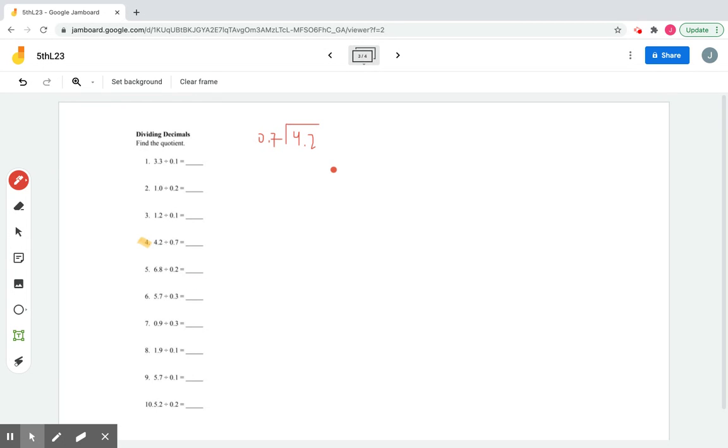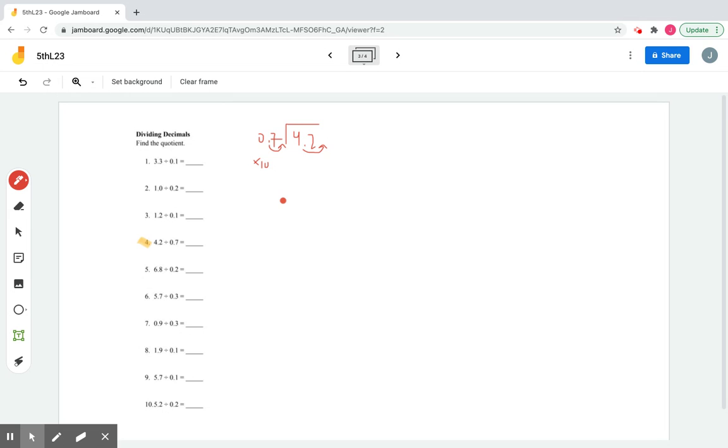When we look at this example, the divisor is not a whole number. It is 0.7, and we want to make this a whole number. In order to do that, we're going to move the decimal point to the right, which is the same as multiplying by 10.